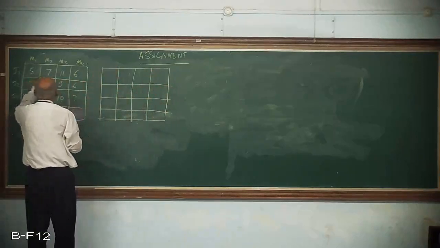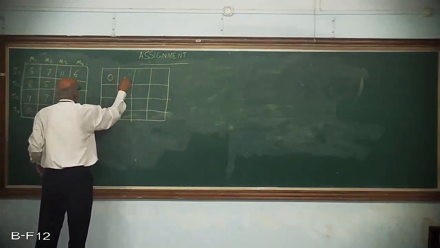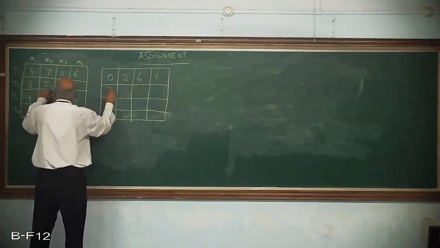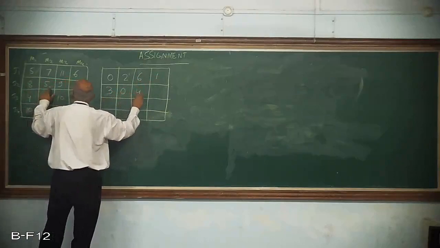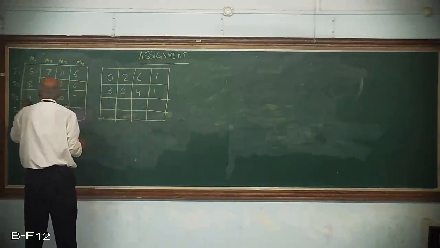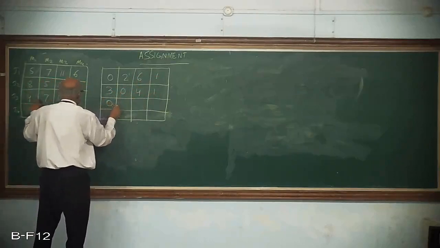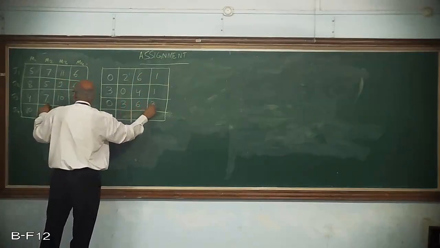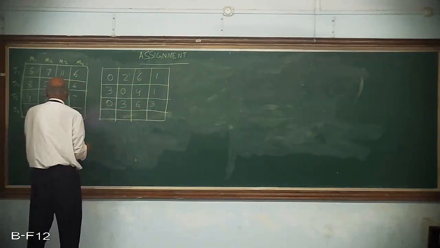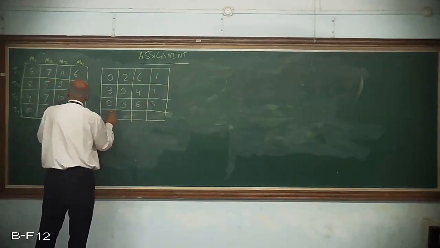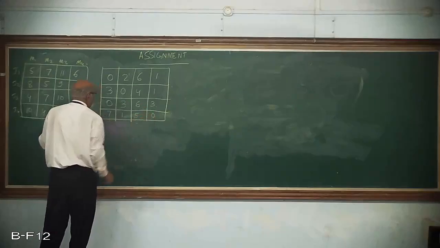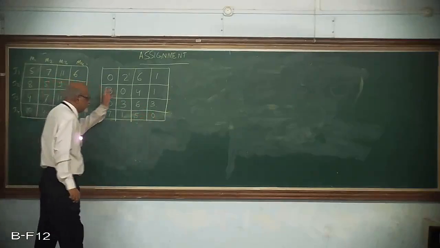I will just say which is the minimum here. 5, this is 0, 2, 6, 1. Minimum is 5, 3, 0, 4, 1. Minimum is 4, 0, 3, 6, 3. Minimum is 3 here. So this is 7, 1, 5, 0. You understand? Now I have created 0 in each row.